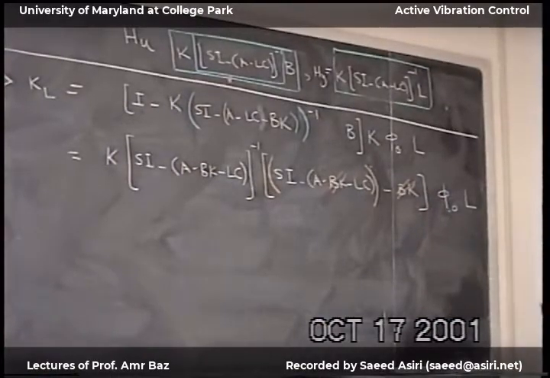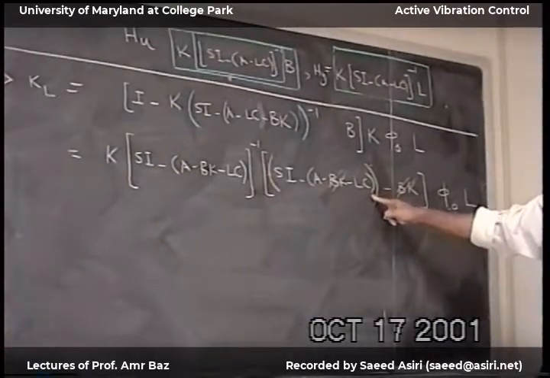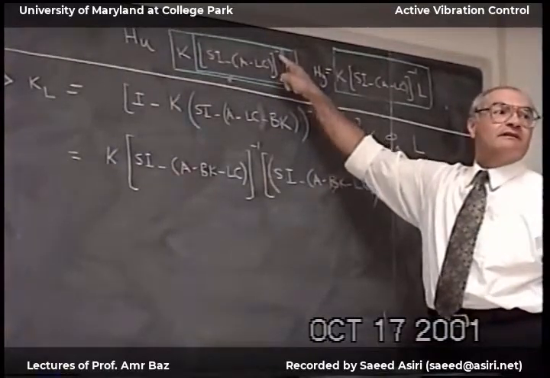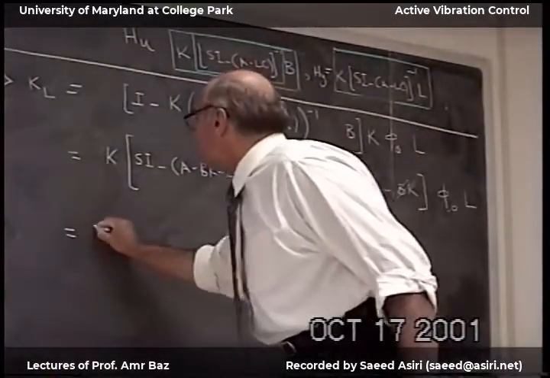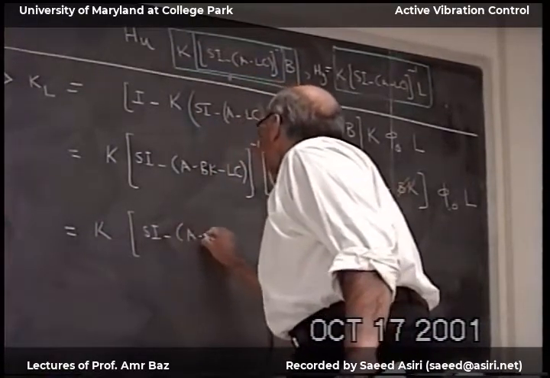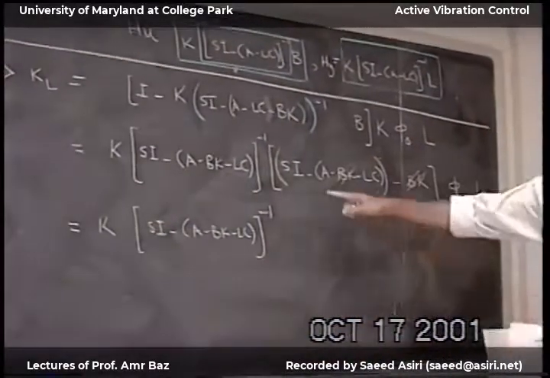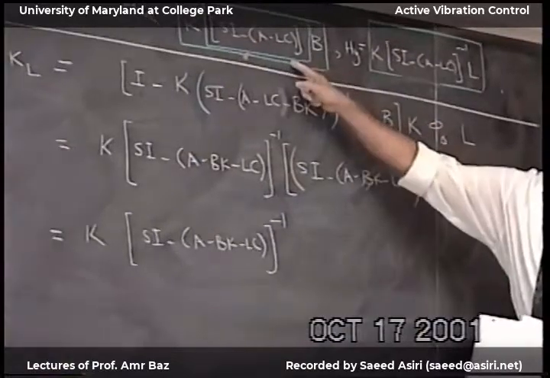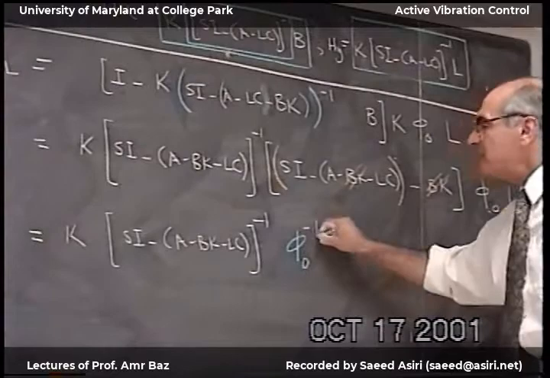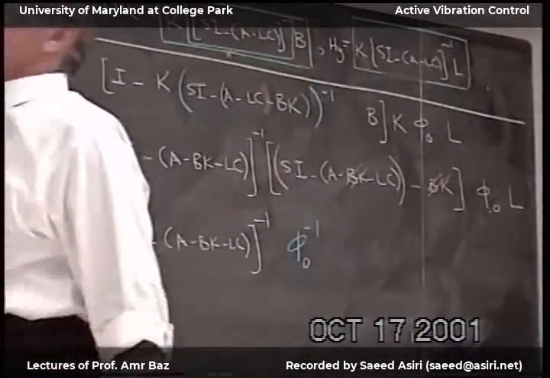And then now if we look at SI minus LC, it is this matrix, but without the inverse. Okay, so now I can rewrite this as K SI minus A minus BK inverse, and this term is this without the inverse, so this becomes phi0 inverse, because we defined phi0 with the inverse.